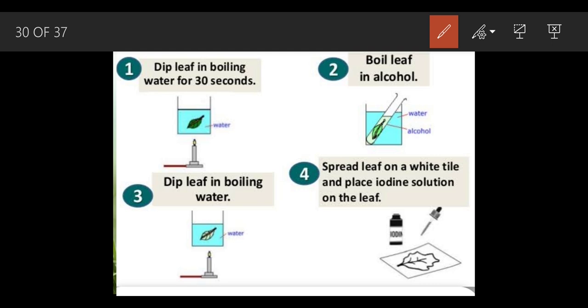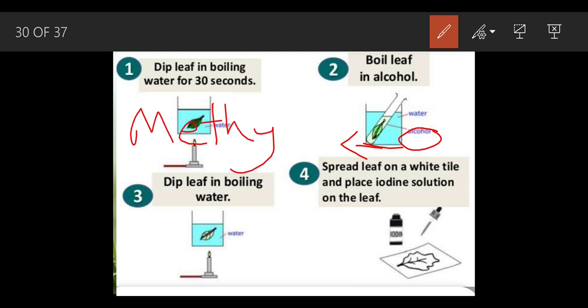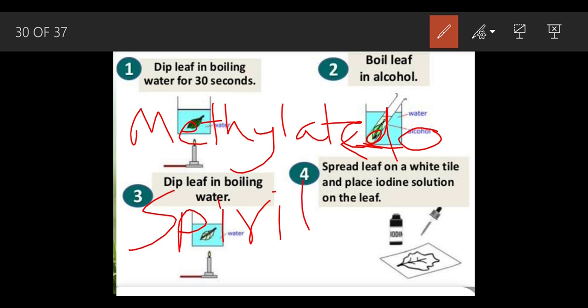What is the function of this alcohol? This alcohol means methylated spirit. The word is very specific. You should mention this word, that is methylated spirit. What is going to happen?